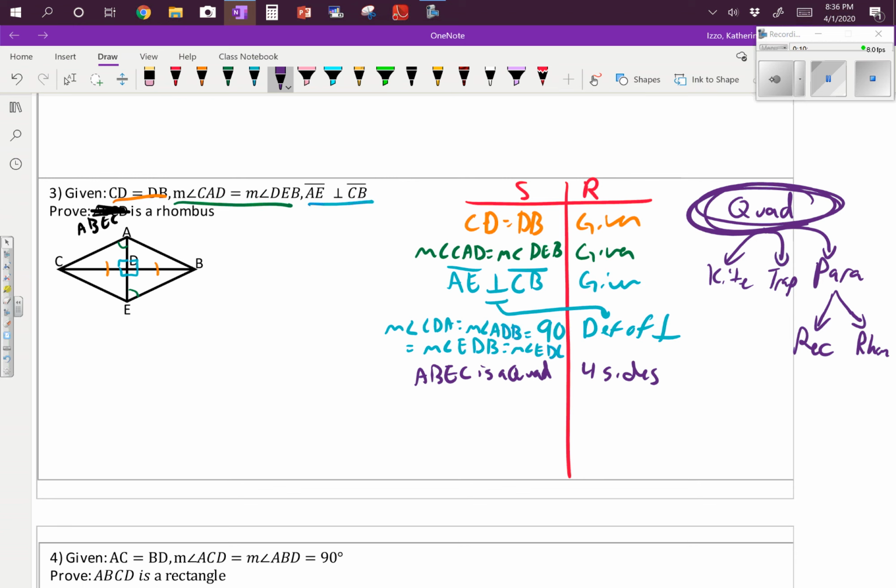So there are those 6 things to prove it's a parallelogram. If you write them down every single time, it's easier to memorize them. 2 pairs of sides parallel. 2 pairs of sides congruent. 2 pairs of angles congruent.